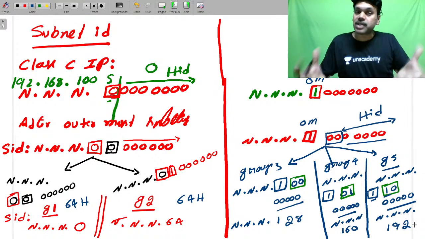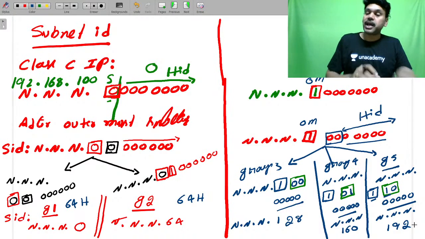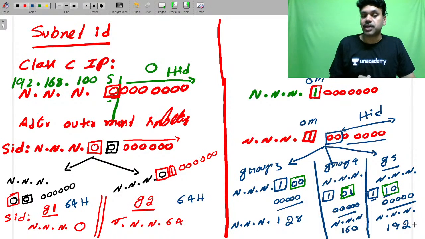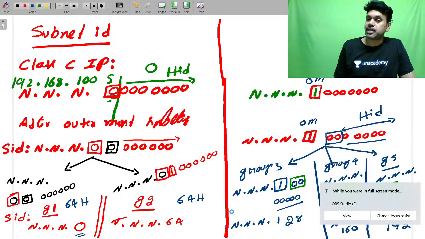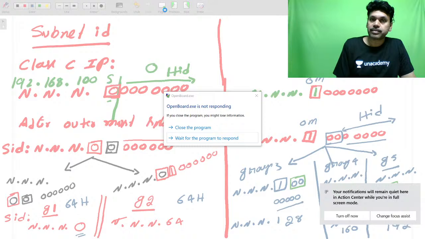So subnet masks we have calculated and the subnet IDs also we have calculated. Okay. Your range of IPs I will write finally. Observe. Group 1, 0 to 63. Group 2, 64 to 127. Okay.